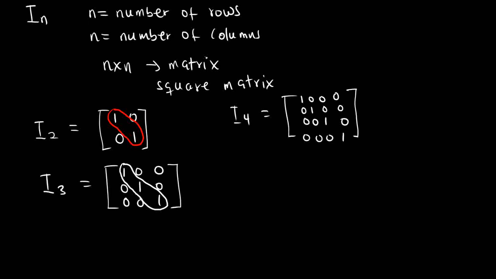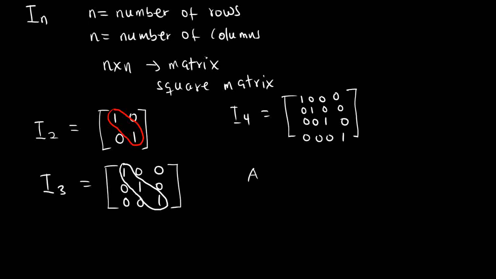So let's take note of this. Okay, now let's continue. Let's look at something here. Let's say I have a matrix A, and I multiply this matrix A by the identity matrix.